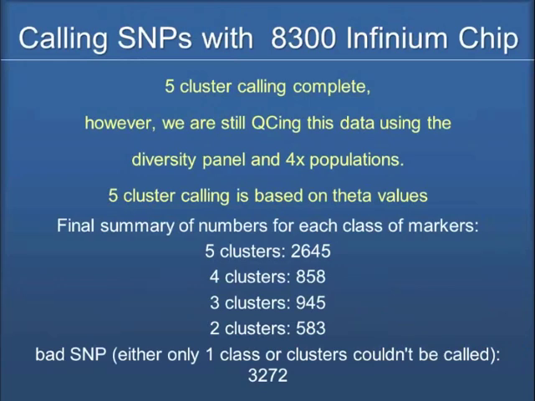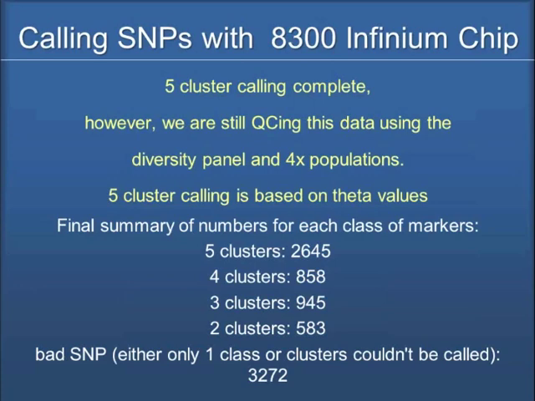So when you work through this 5 cluster calling, Candy's still working on the QC, but this is what she's saying based upon the theta values. Remember I talked about those theta values in the Genome Studio.